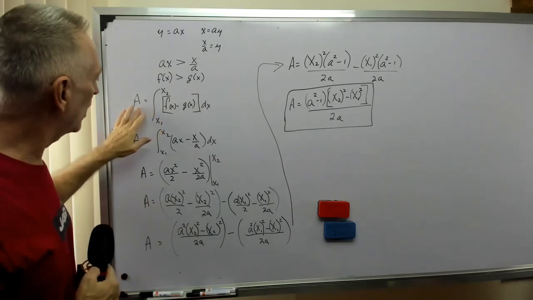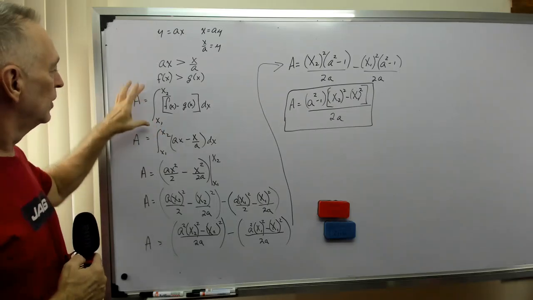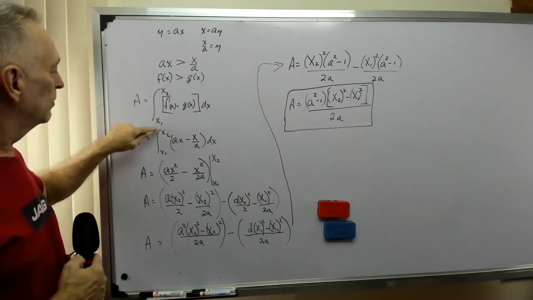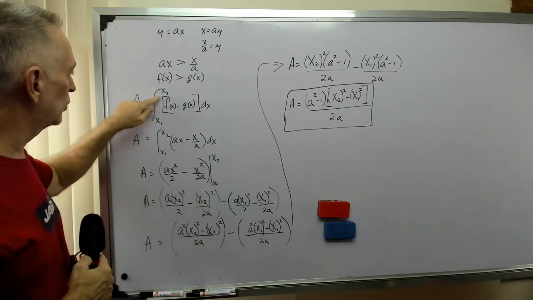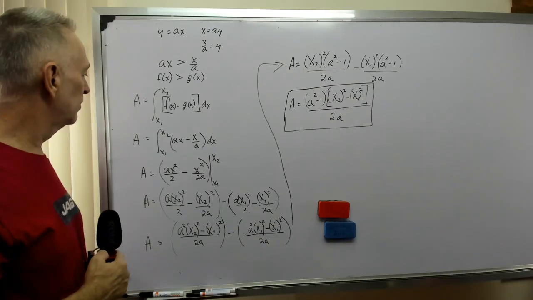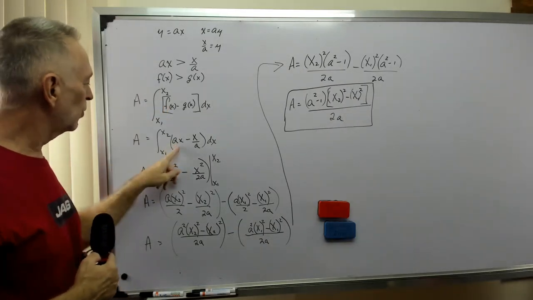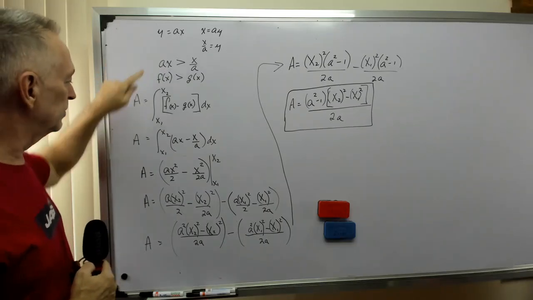Our formulation then is that the area is the integral from two arbitrary x values, which I'm calling x sub 1 and x sub 2, of f of x minus g of x dx. Now we plug in our lines in question.